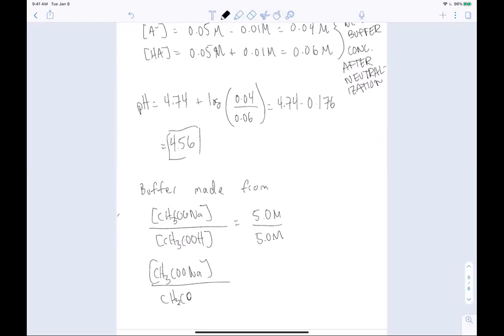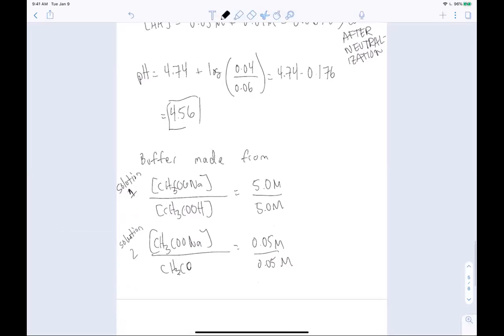We'll call this solution 1. This is solution 2. Both of these start out with a pH equal to 4.74.